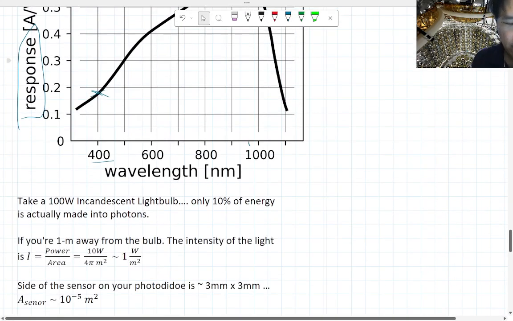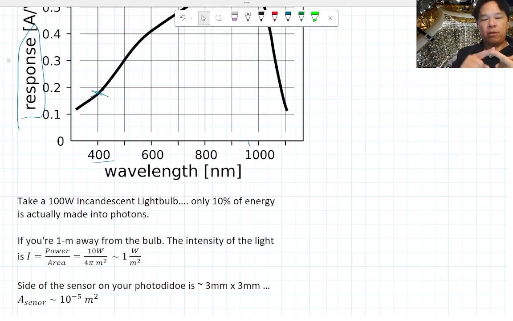So we can estimate how much current we get out of a photodiode if we know the response and the area, how big that sensor is, because every photon that hits it gets converted into an electron.